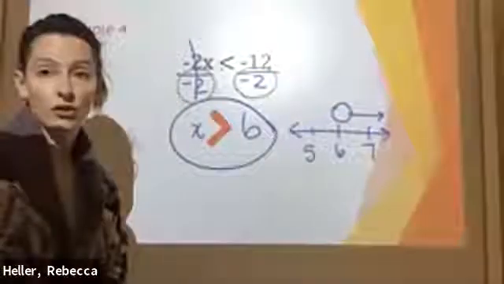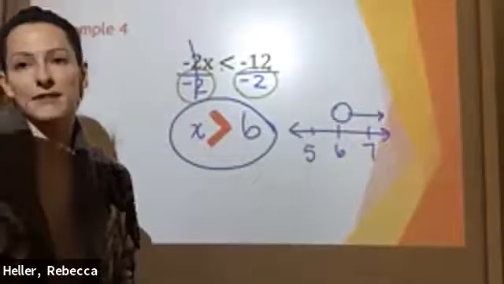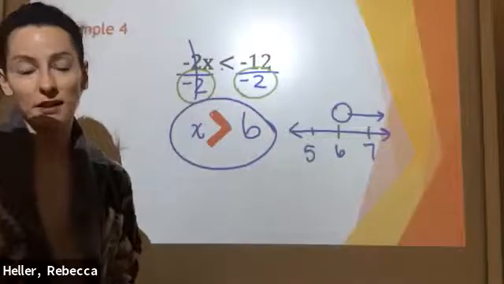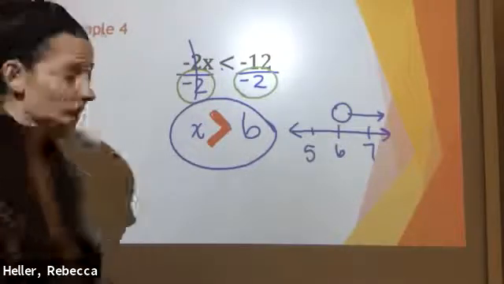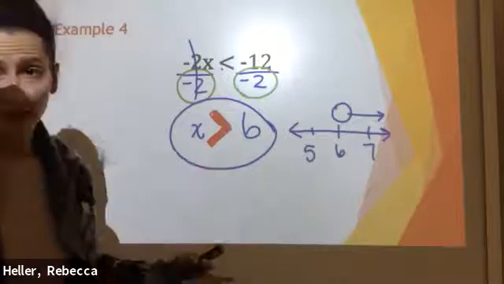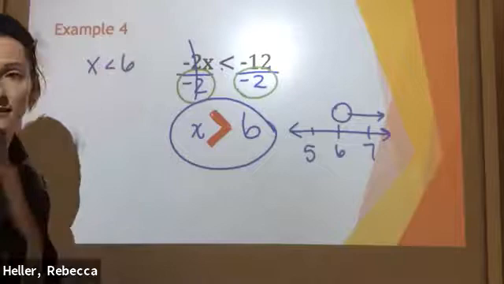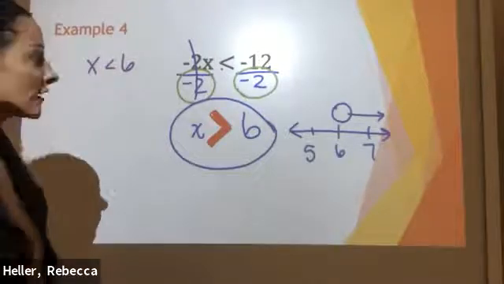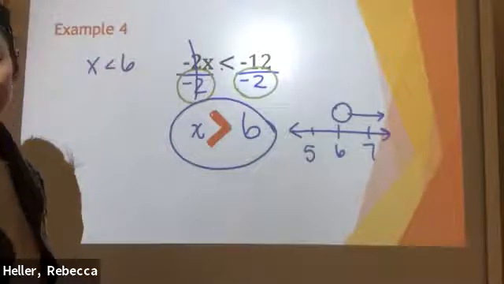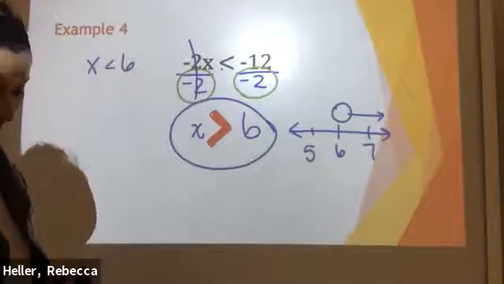Also, just to prove to you that I'm not just making this up to make your lives more complicated, because you guys know I would never do that. Let's say you forgot to flip it and you wrote your answer as x is less than 6. Someone give me any number that's less than 6. 5. Okay.